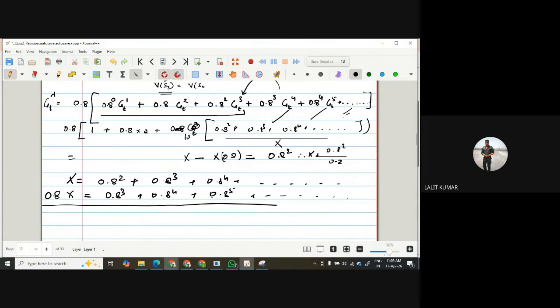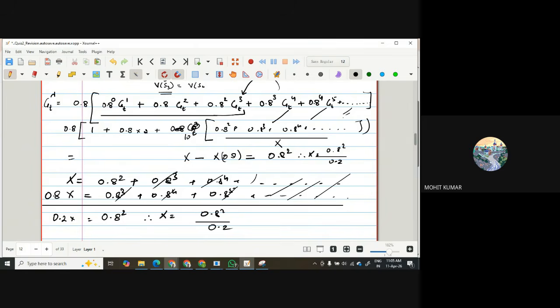Now when I subtract, this will become 0.2x, and this will cancel this, this will cancel this, everything will be cancelled and remaining is 0.8 square. Therefore, X is equal to 0.8 square divided by 0.2. Is it okay? Yes, sir. All right, I got it.